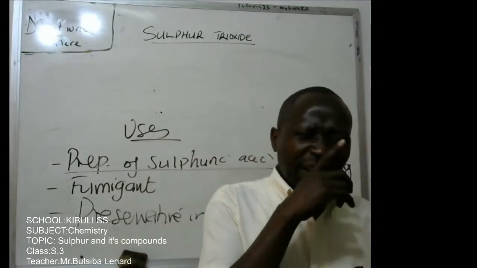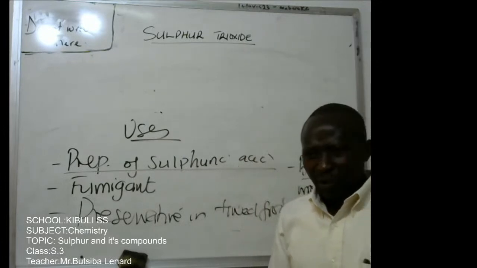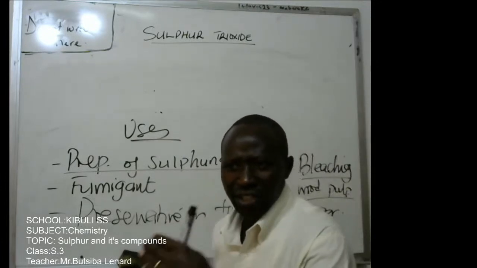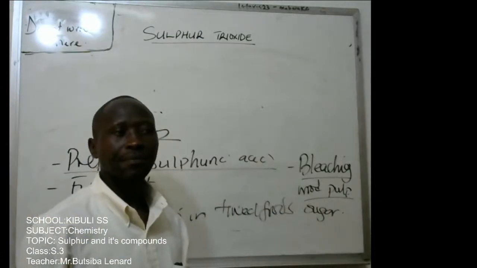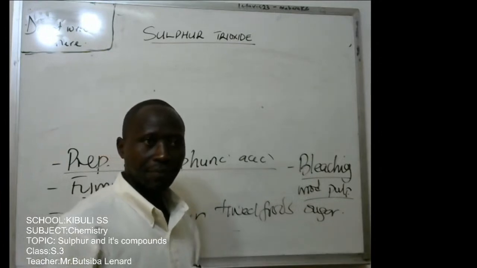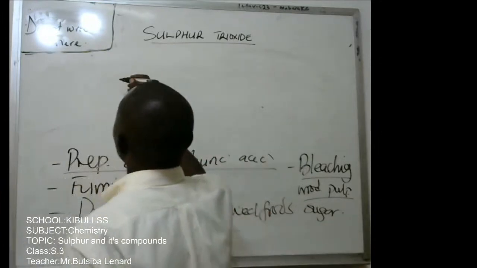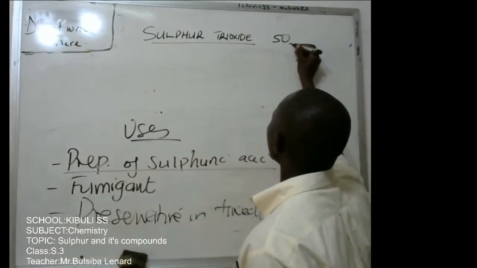It might not be very possible for us to prepare sulfur trioxide in the lab. But we can look at a reaction that can generate sulfur trioxide in the lab. Now, sulfur trioxide has the formula SO3.